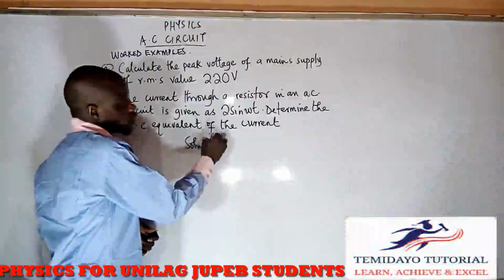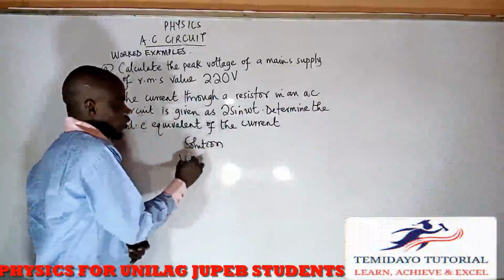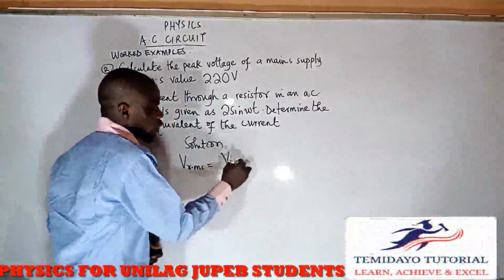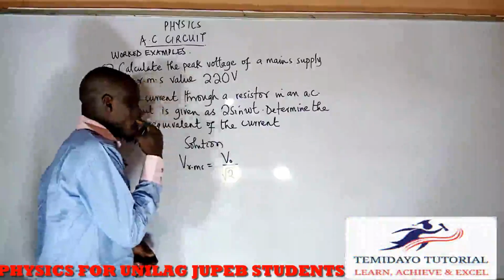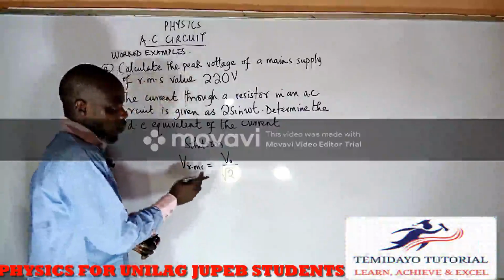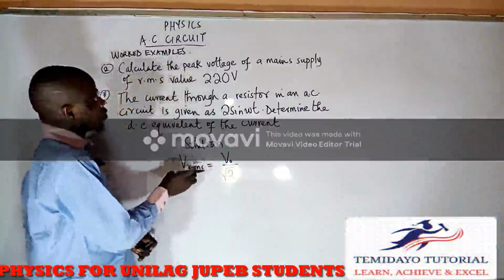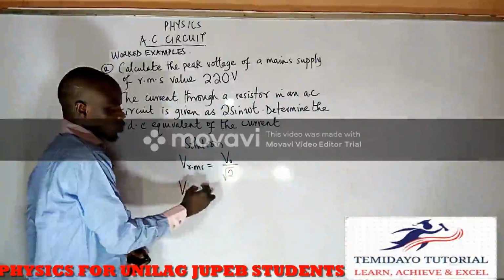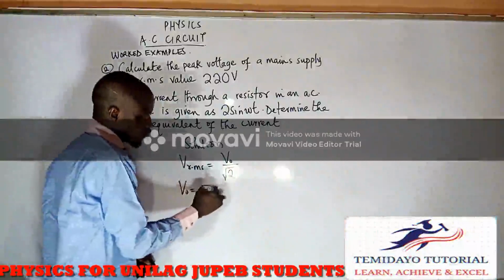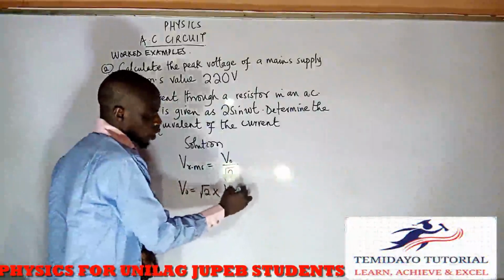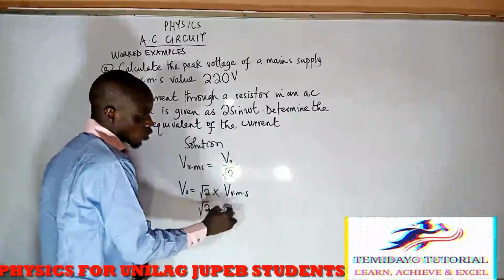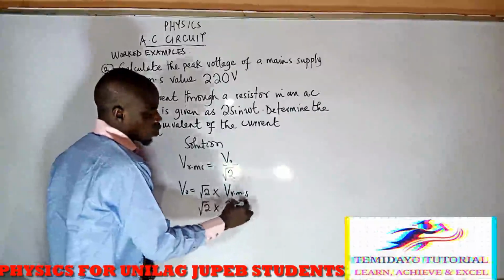We have discussed that Vrms is equal to V0 over root 2. In that case, how will you get the value of the peak, which is V0? V0 is equal to root 2 multiplied by Vrms, and that is root 2 multiplied by 220 volts.